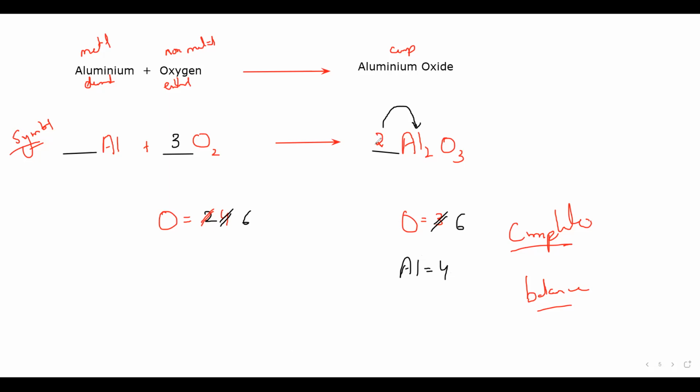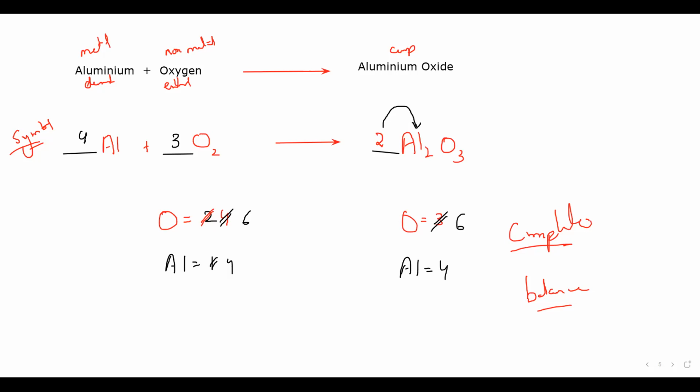So what number should I write here to make 4 aluminium, because we have only 1? Directly I should write 4. So that makes 4 aluminium. So we have the balanced equation for the reaction between aluminium and oxygen: 4 aluminium react with 3 oxygen molecules to give 2 molecules of aluminium oxide.